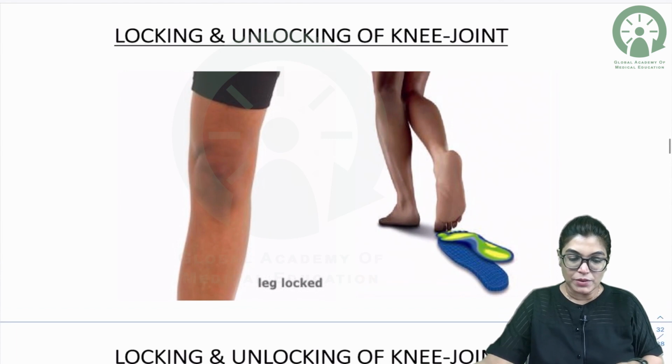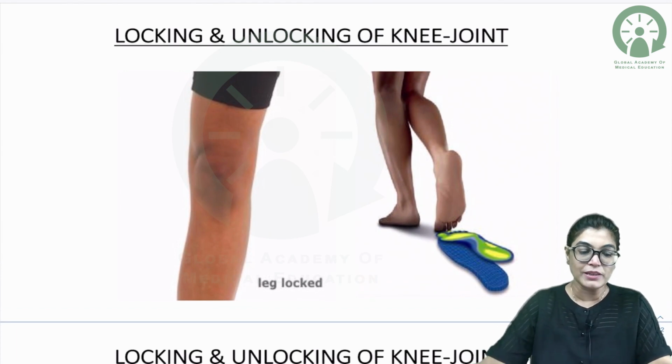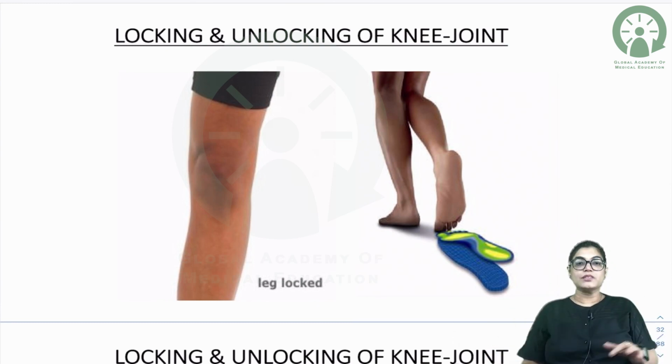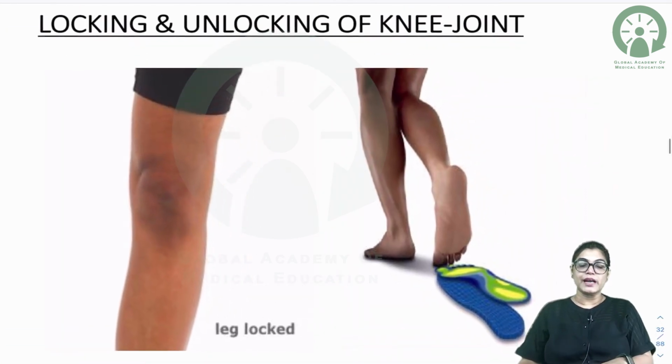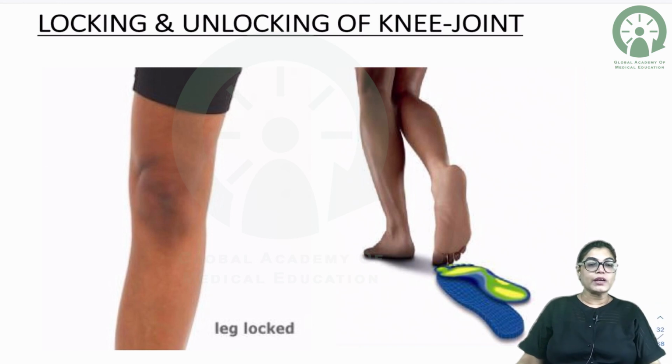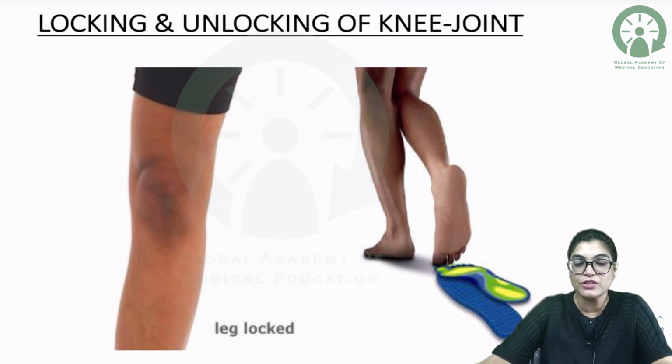Before that, I want everybody to note down the important actions of the muscles involved in the different actions of the knee joint. One important action is locking and unlocking of the knee joint. In locking of the knee joint, all the ligaments are taut, and locking occurs as a result of medial rotation of the femur during the terminal stage of extension.